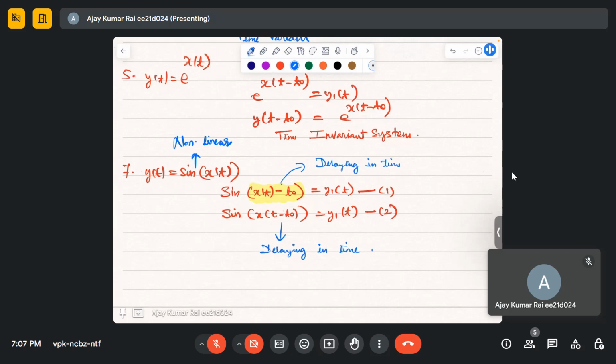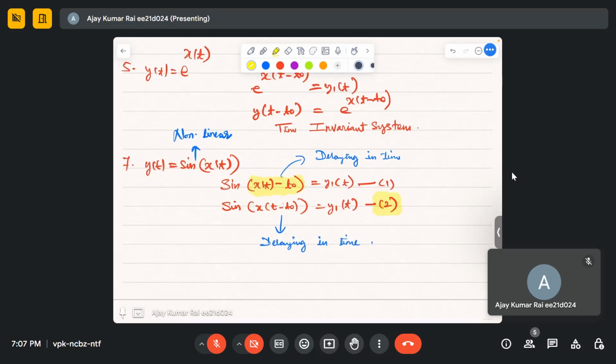Just see the second part. So we are delaying the input, right? How to delay the input? x of t minus t naught. You're subtracting something from the input, right? X of t is the input, and we are subtracting something. So I'm writing minus t naught, but it is like subtracting something. So it is not delaying in time. So this is non-linear, but time invariant system.